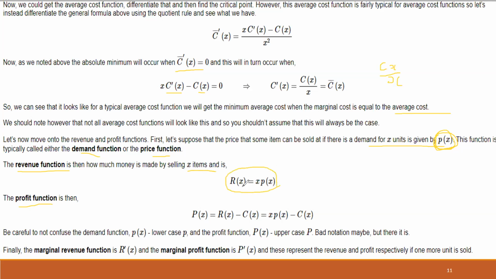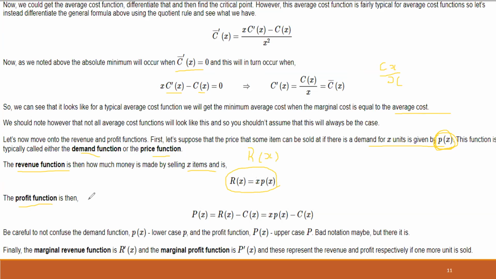This is the formula. You will use R(x), uppercase R, to represent the revenue function. The revenue can be found by x, the number of units, times your demand function or the price function.